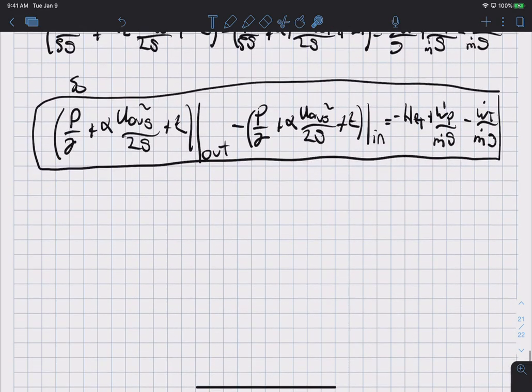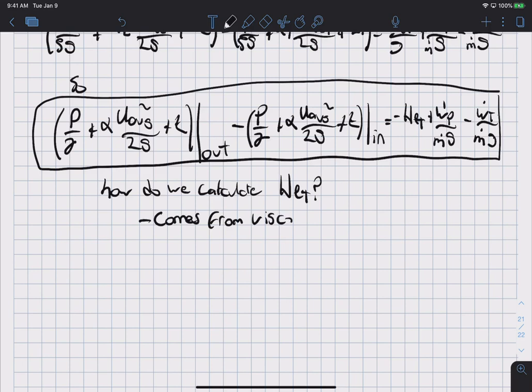So now, to tie everything together, we just need to figure out how to calculate this term here. So how do we calculate the head loss? Okay, well, as I said, it comes from viscous effects and is irreversible.